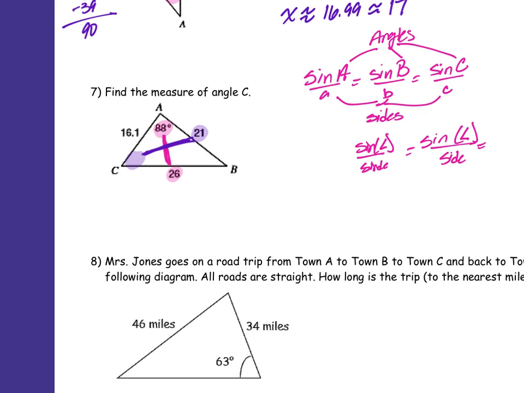I don't know if that helped at all. So that means that this equation would be sine of 88 over 26 equals sine of big C, because that's what we're looking for, over 21. Did that help you with knowing where to put the numbers now?